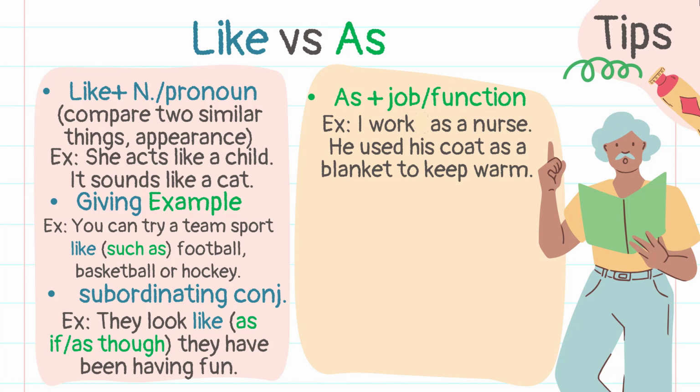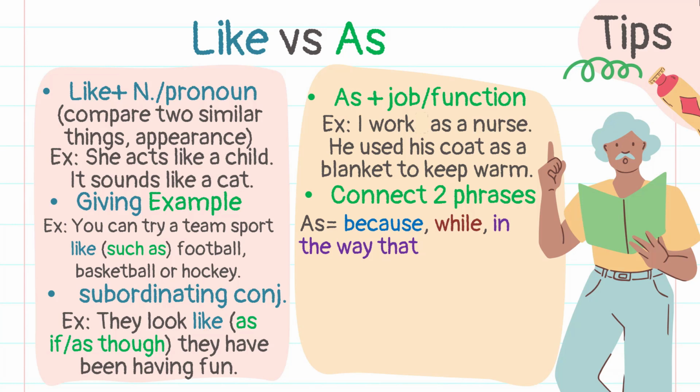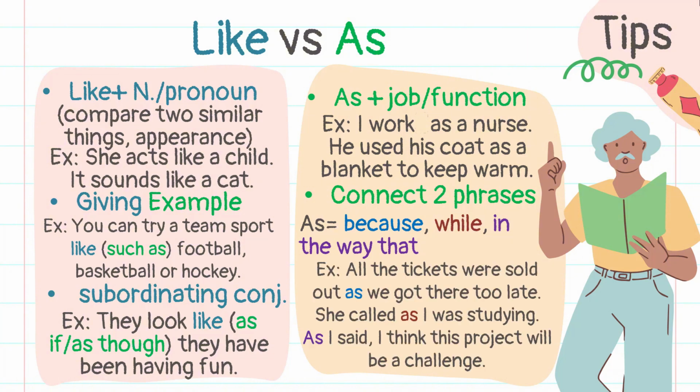He used his coat as a blanket to keep warm. Or you can use as when we connect two phrases, instead of because, while, or in the way that. The ticket was sold out as we got there too late. She called as I was studying. As I said, this project will be a challenge.